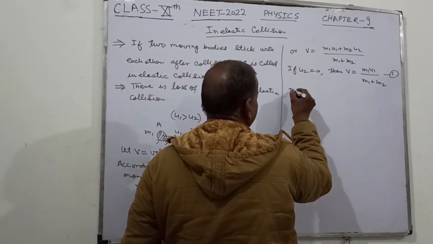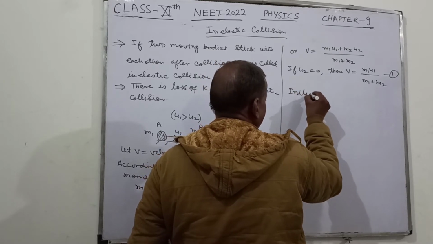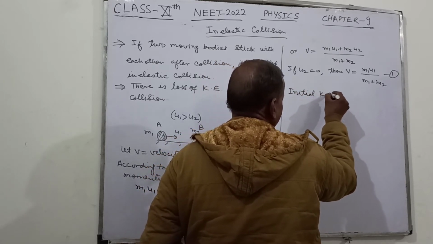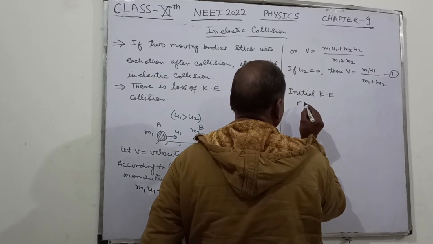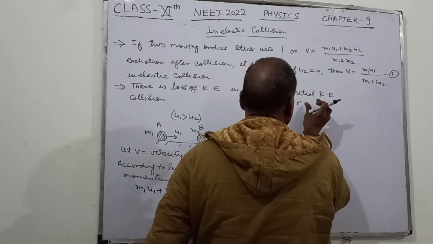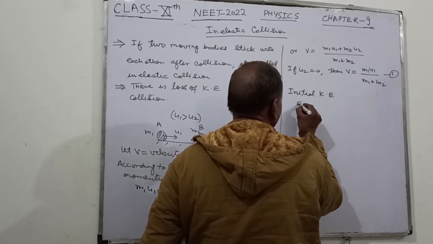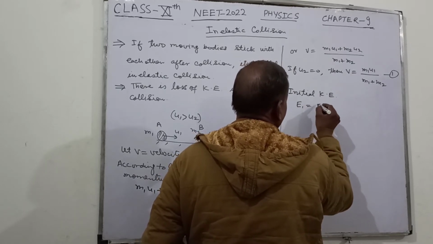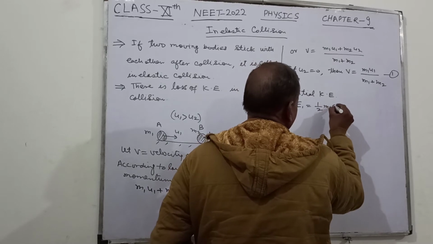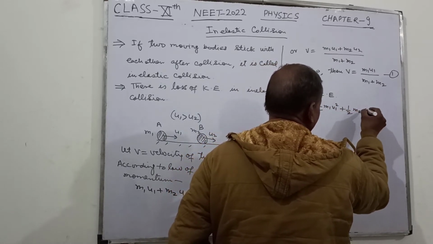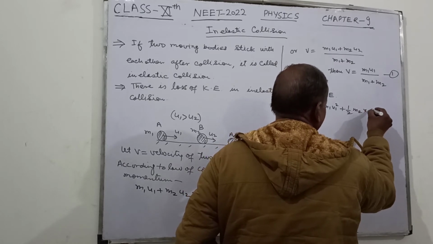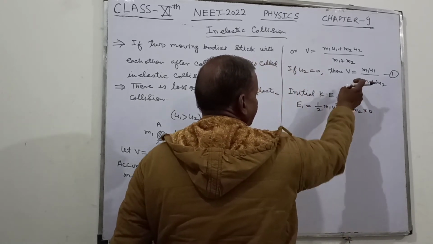Now initial kinetic energy. Initial kinetic energy E1 is equal to half m1 u1 square plus half m2 u2 square, and this u2 is equal to 0 that we have taken here.